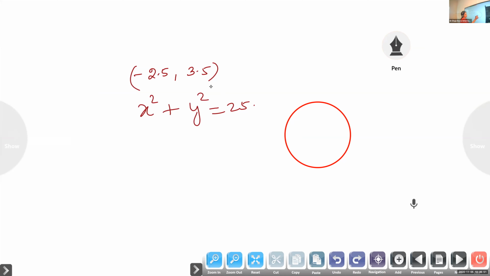X square plus y square is 25 means center is 0, 0 and the radius is 5.